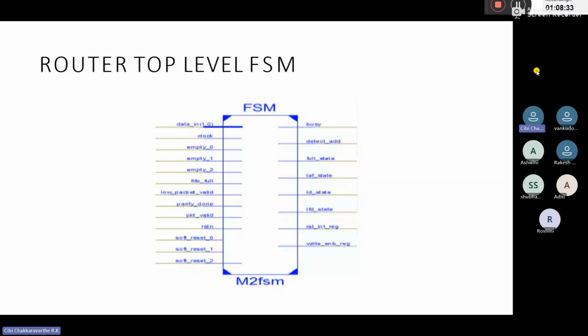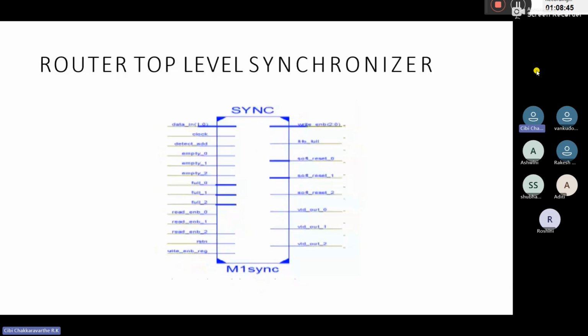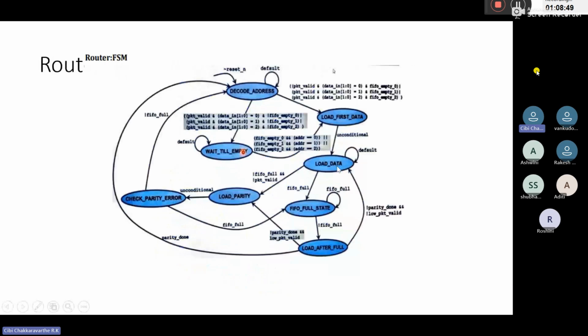Then, as I told you, low packet valid is here. If some minimum amount of data is passed, then this low packet valid should be asserted. You can see here in the FSM, this is load data, and we load the data based on the capacity.